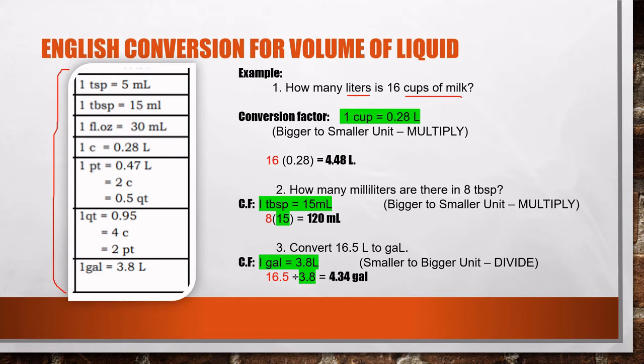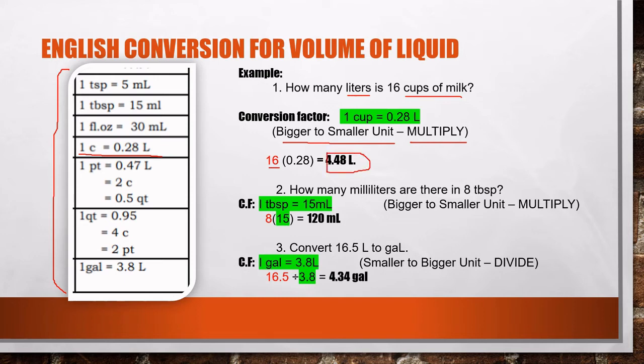So cups to liters. 1 cup is equivalent to 0.28 liters. That is bigger to smaller unit, so we are going to multiply. So 16 cups multiplied by the conversion factor of 1 cup, which is 0.28 liters, is equivalent to 4.48 liters.